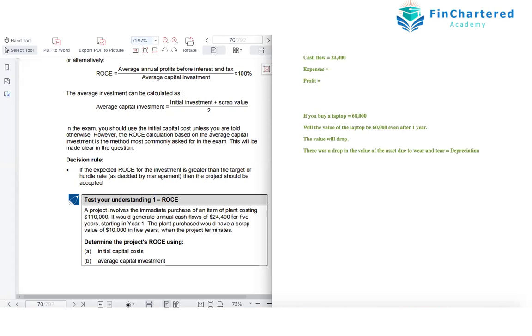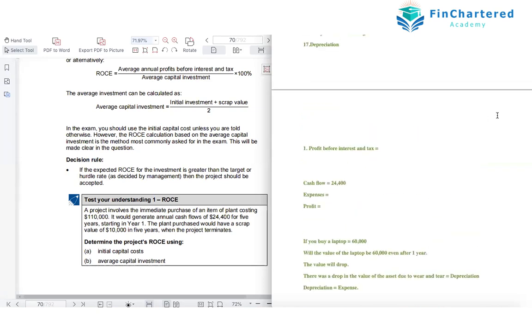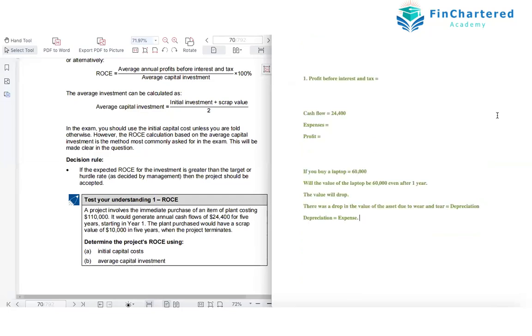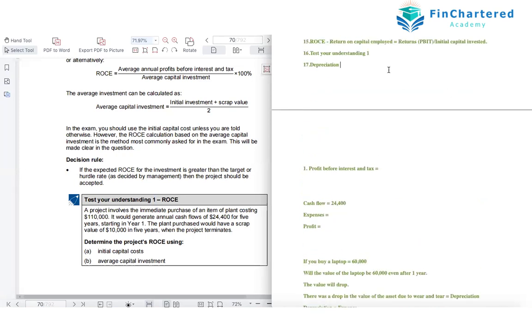Depreciation is an expense, obviously, because there is a drop in the value. It is costing you your asset. Your asset is going weaker and older. So it's an expense. You understand? So we've looked at what is depreciation. And we look at a baby example before I continue test your understanding 1.